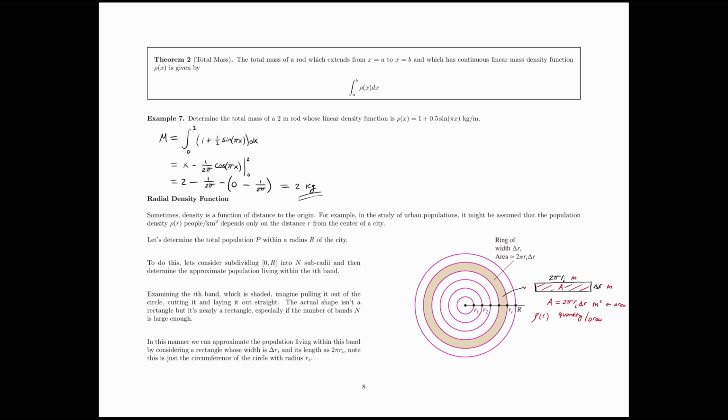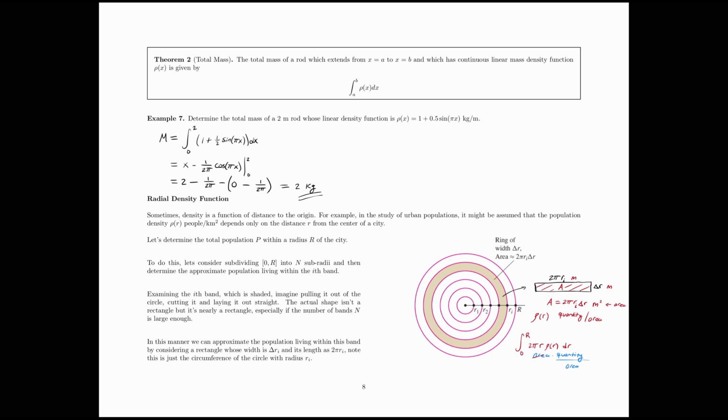And this right here has units of an area. So if we integrate from, let's say, 0 to capital R for this problem, our area, 2 pi r dr, times our density function, rho of r, then this has units of area times the quantity divided by the area.